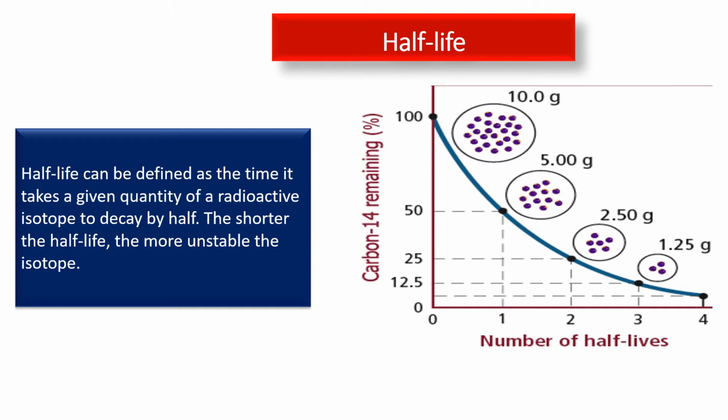So the time it takes to decay to its half, which is 5, is equal to the time it takes 5 to decay by its half, which is 2.5, and the time is also equal to the time it will take 2.5 to decay to 1.25. So that is what is called half-life: the time it takes an element to decay to its half.